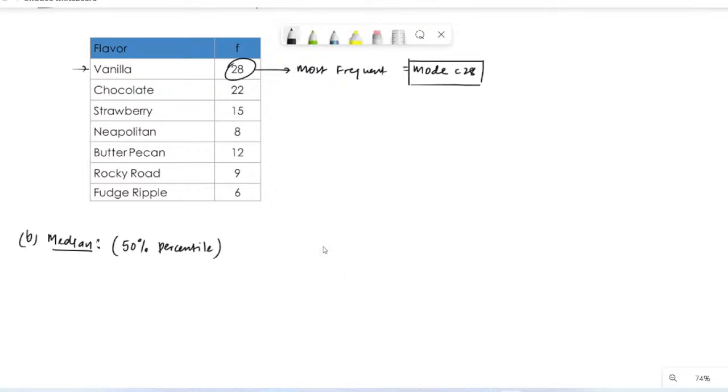Median means 50th percentile. What is the meaning of 50th percentile?